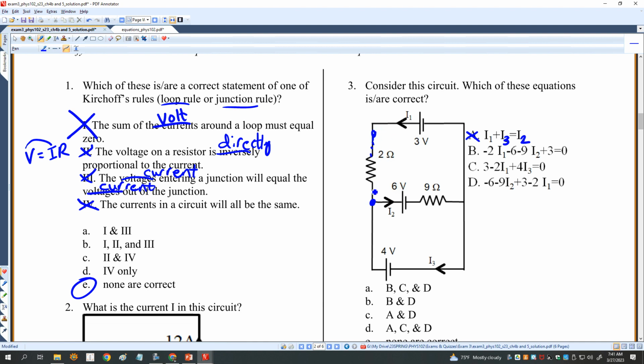Minus 2I1 minus 6, so far so good, minus 9I2, that's right, and that's right, so this one's right. 3 minus 2I1 plus 4I3. Okay, I should need to lose this I3 and that becomes a negative, so that one's not right. And then I have minus 6 minus 9I2 plus 3 minus 2I1. Yeah, that looks right, so B is the right answer.